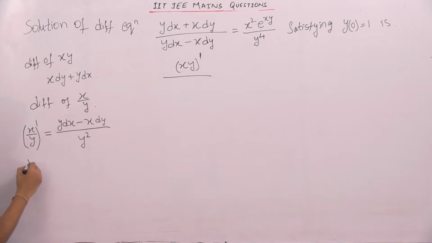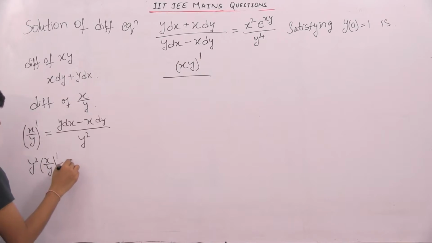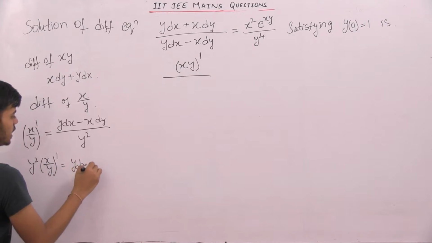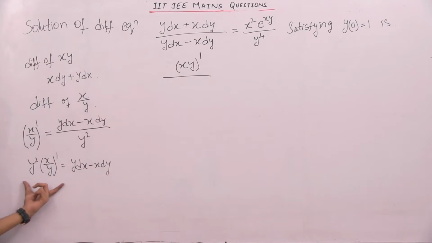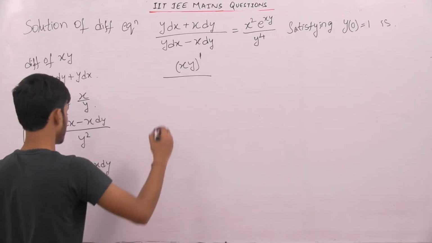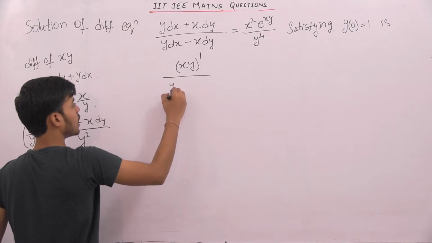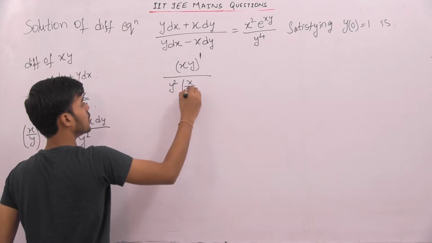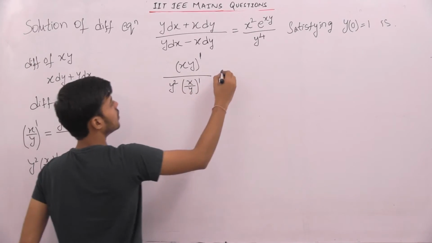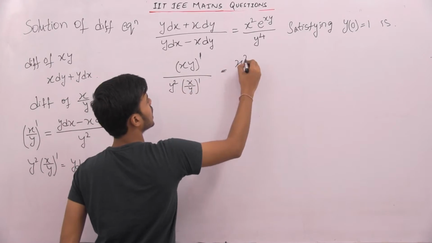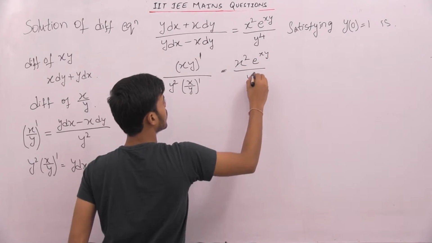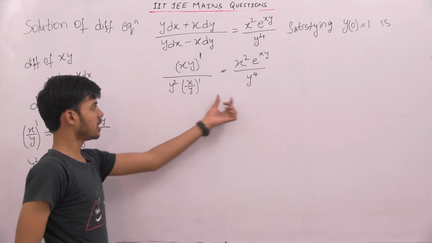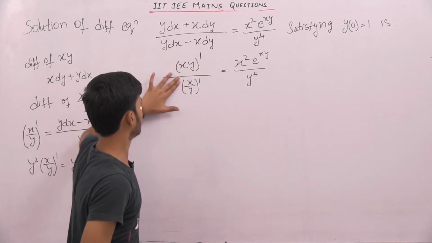If we multiply by y square, x by y whole dash is equal to y dx minus x dy. So let's substitute y square times the x by y derivative in place of this. So y square into the derivative of x by y is equal to x square e power xy by y power 4. Y square and y power 4, let's cancel.